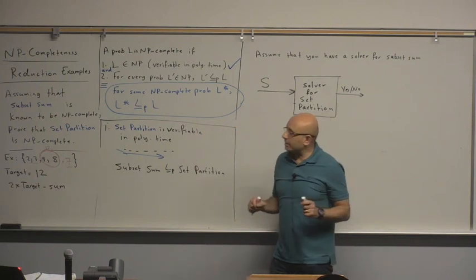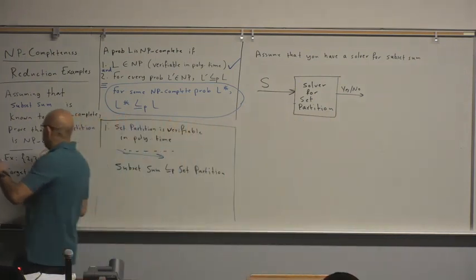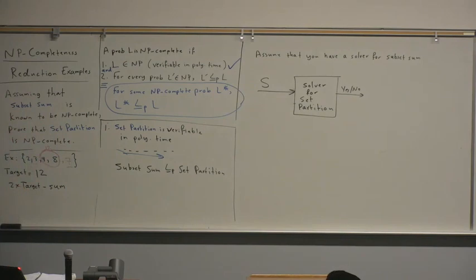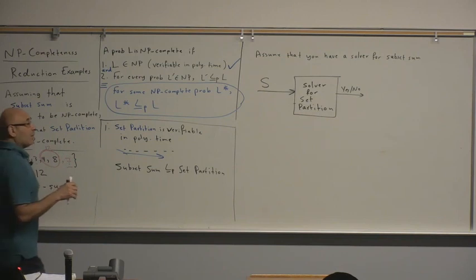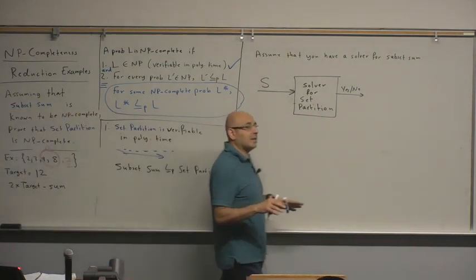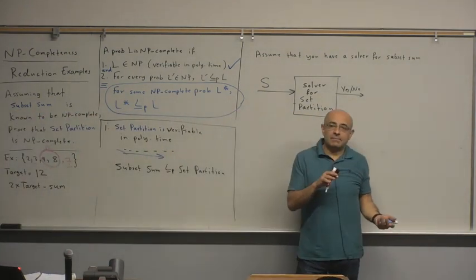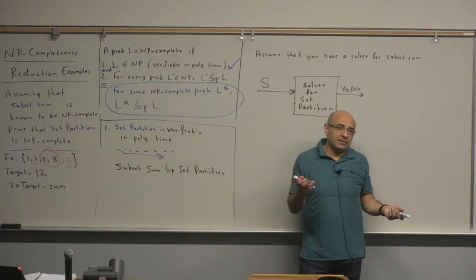If your target is not greater than half the sum, well, you can always assume without loss of generality that your target is greater than half the sum. Why? Because both sets have equal sum of weights.